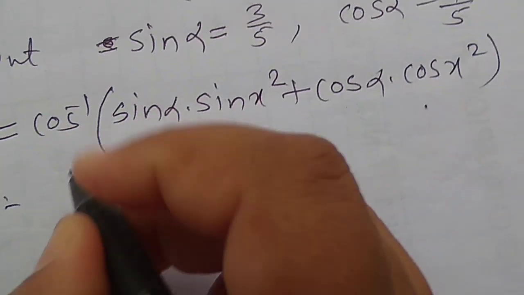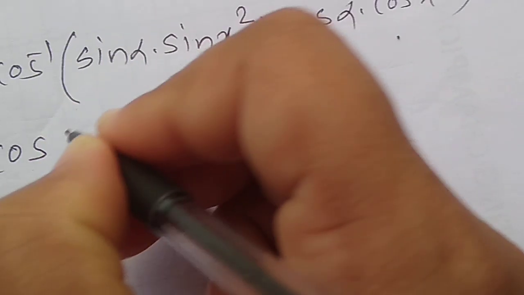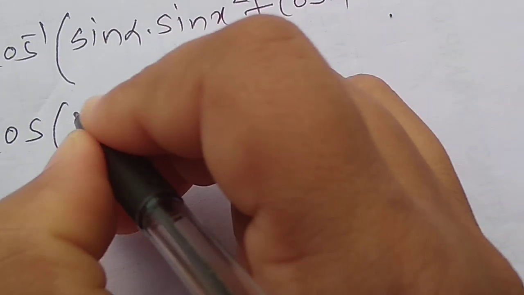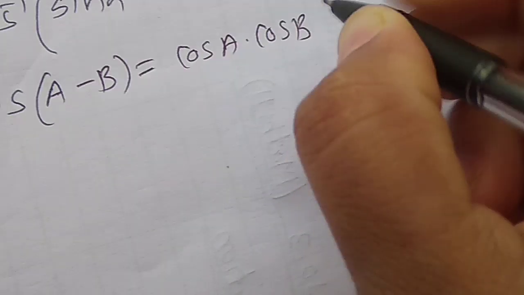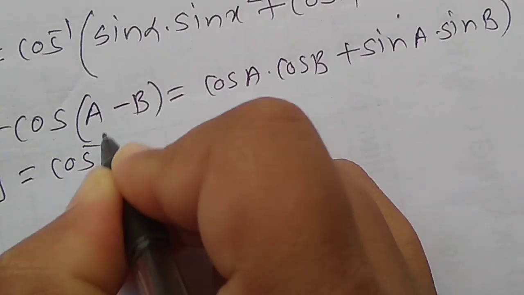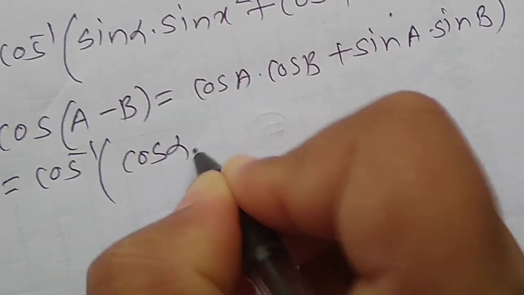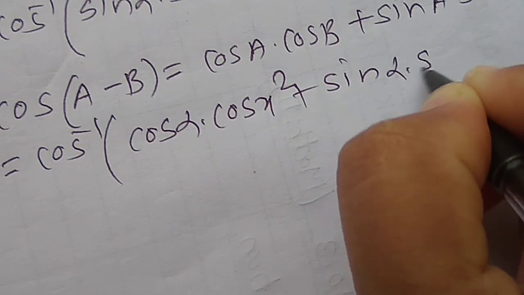But we have the formula cos of a minus b is equal to cos a cos b plus sin a sin b. So our function can be written as y is equal to cos inverse of cos alpha into cos x square plus sin alpha into sin x square.